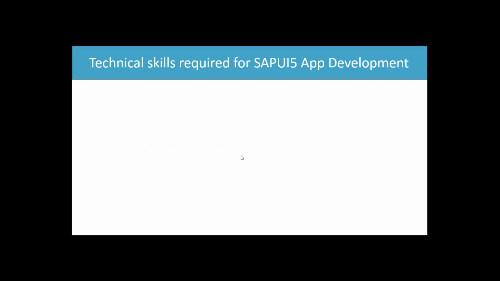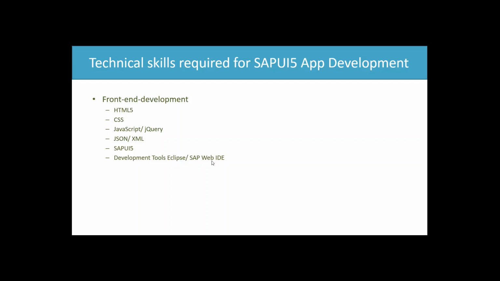Now coming to what Anand just asked me, what the prerequisites are. First of all, to develop a SAP UI5 application, a person has to do front end development, and for that you need to know HTML5, CSS, JavaScript, jQuery, JSON, XML, SAP UI5, and you need to work on Eclipse. Anybody has this experience, my dear friends?